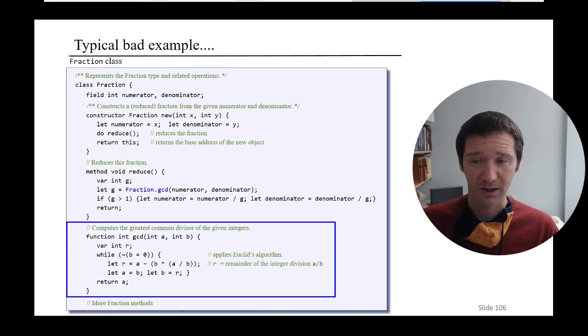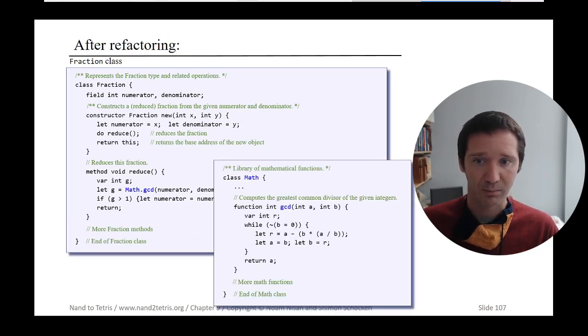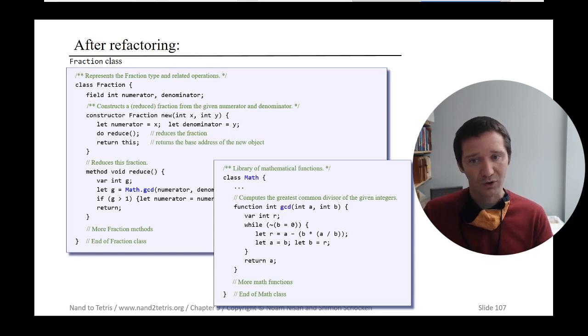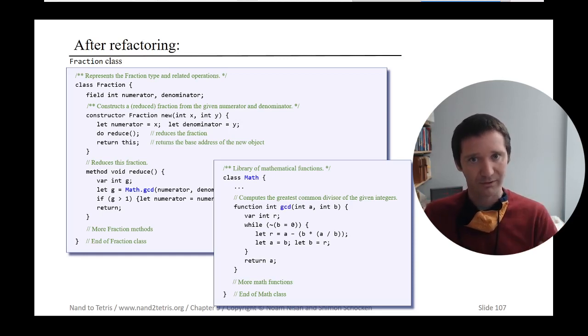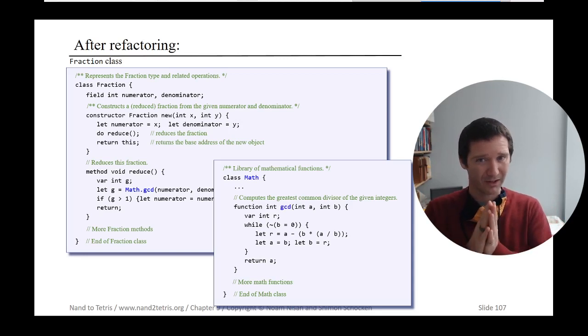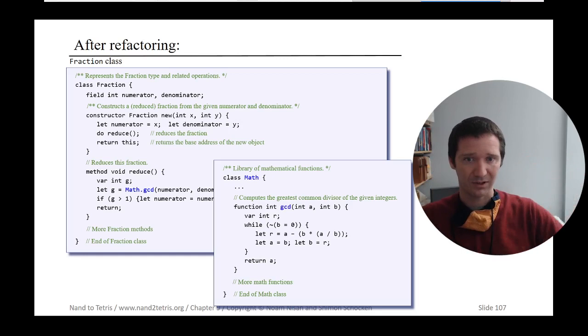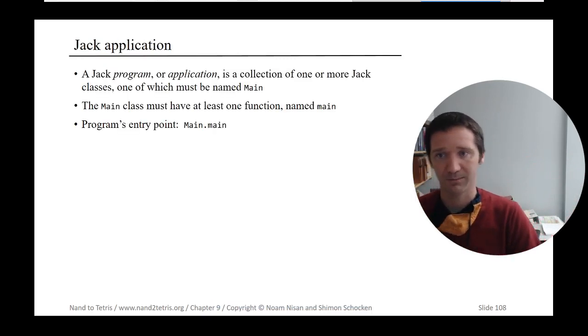Really, what we should have done there was take that out, put that into a math class, provide the greatest common denominator, and then use that instead of putting it into our fraction class. That's mixing the idea about things needed for a fraction with generic math libraries. Just starting to do things like that will help you break things apart.